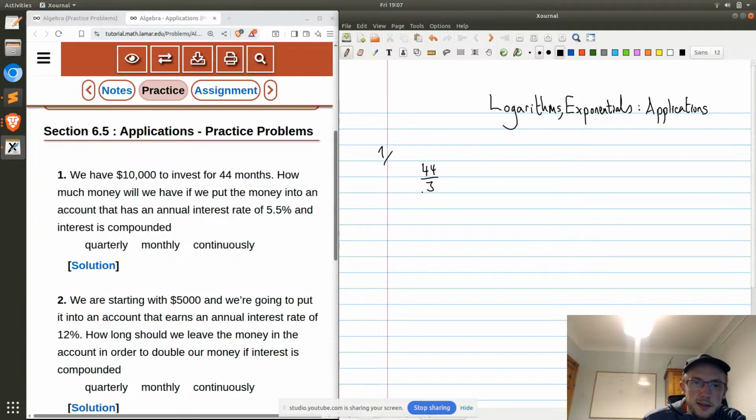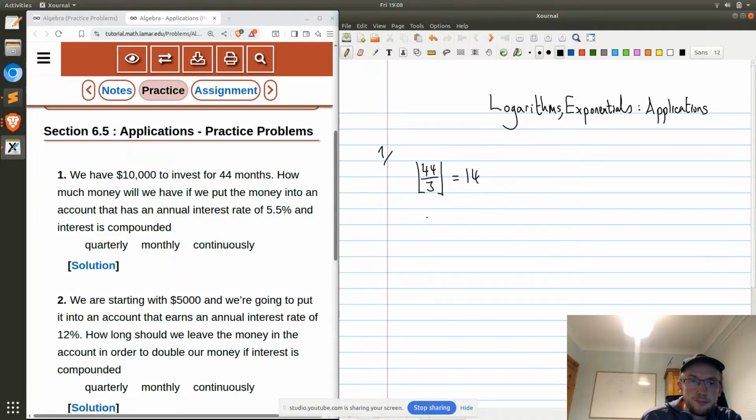And if the account is just updated every 3 months on the dot like that, then it would be 44 over 3 rounded down. And it would be that many updates.